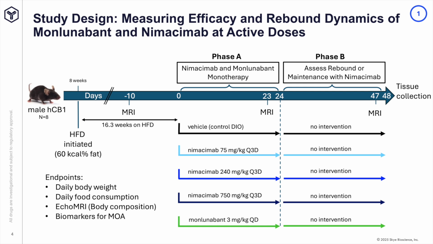The study is broken into two parts, with the initial aspect, the so-called phase A, looking at the magnitude of weight loss and other biomarker readouts, while the second component of the study was after drug withdrawal, and this is the so-called rebound phase of the study.